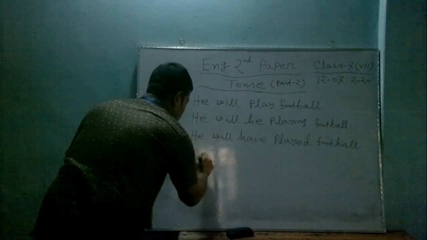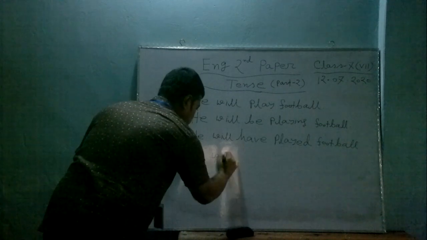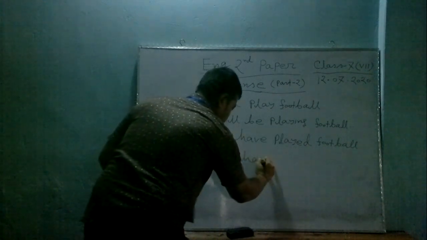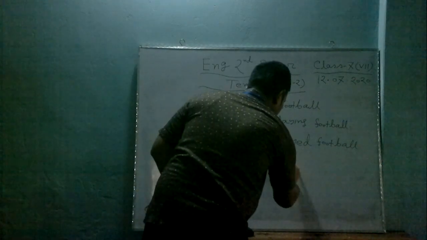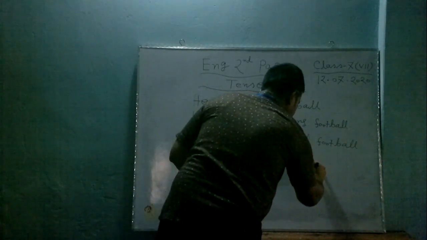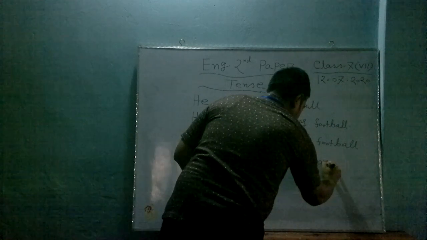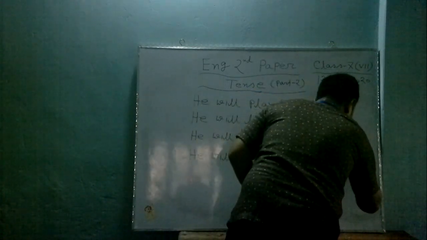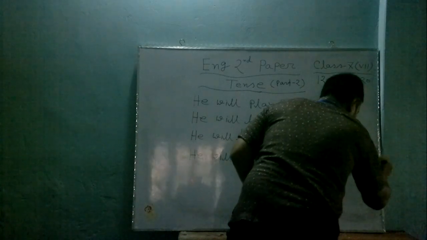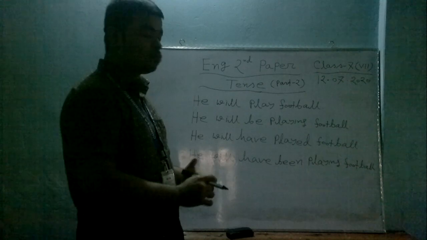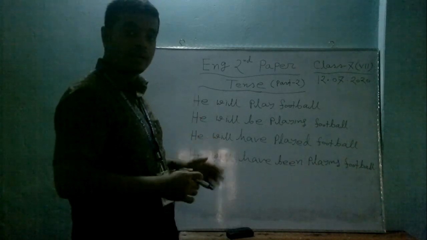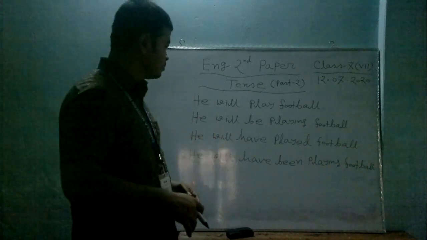And in future perfect continuous tense, by following the structure, we can make the sentence: he will have been playing football. These are our sentences we can make by following the structure of tenses.